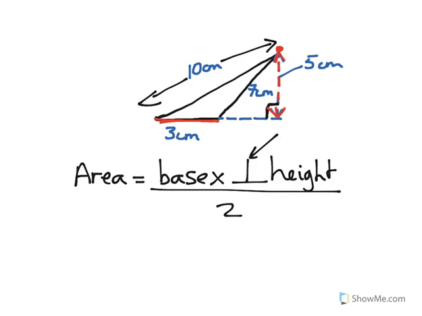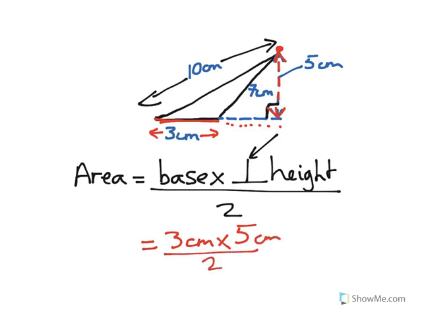So to calculate the area of this triangle, I need to know what the base is, which I can see here is 3 centimeters. And notice I'm using the real base here, not this imaginary base that I've made here. That's only to help you draw the perpendicular line. Multiplied by the perpendicular height here that I've given you as 5 centimeters, divided by 2.